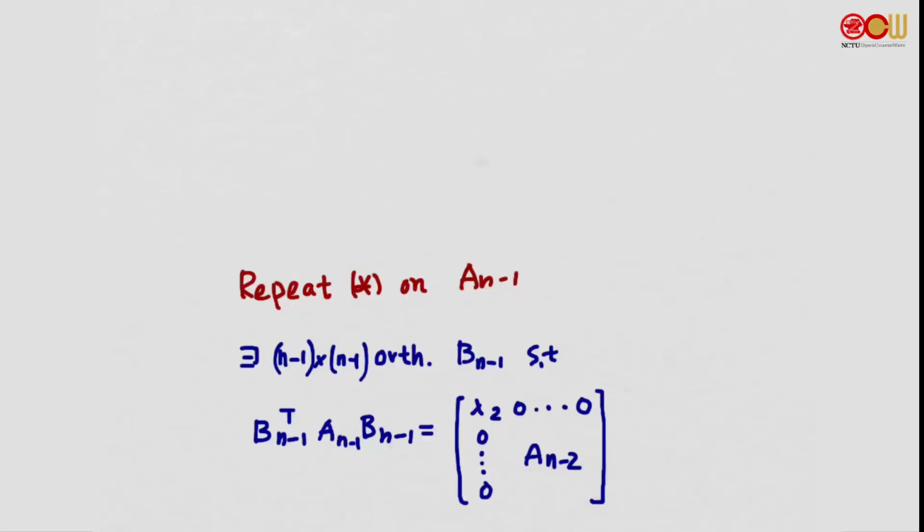If we continue this process again and again, then we can expect that eventually what we would have on the left hand side would be a 2 by 2 matrix, and on the right hand side we would get a diagonal 2 by 2 matrix.